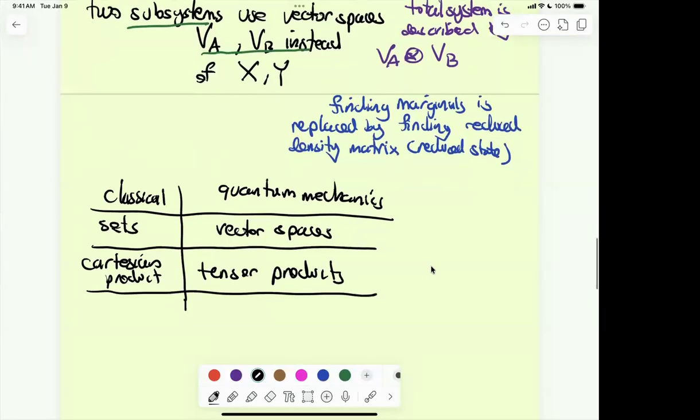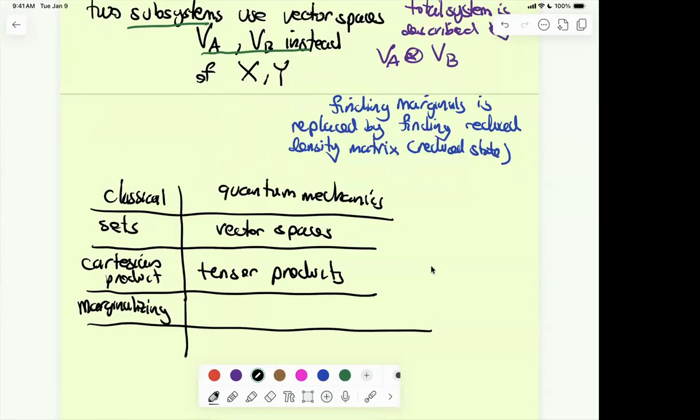And instead of finding marginal probabilities, instead of marginalizing, if you want to turn it into a verb, you find the reduced density matrices. So there's a linear algebra counterpart to basically all the things that you do when working with traditional probability theory.